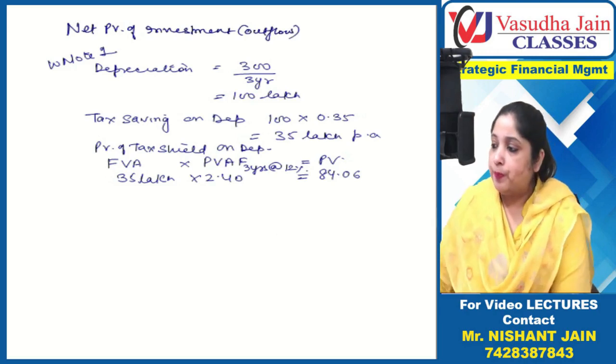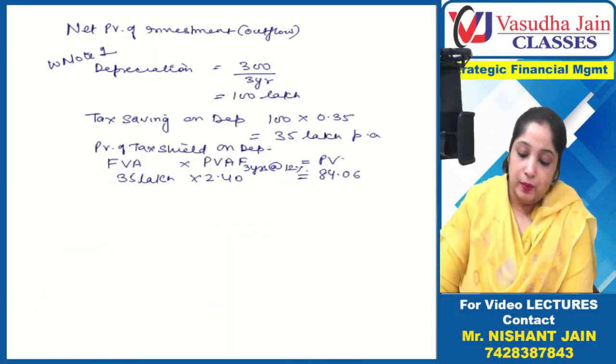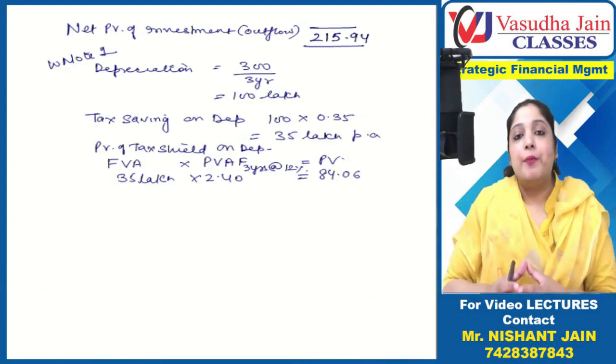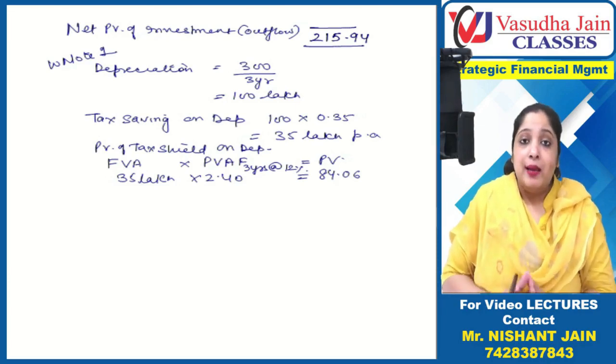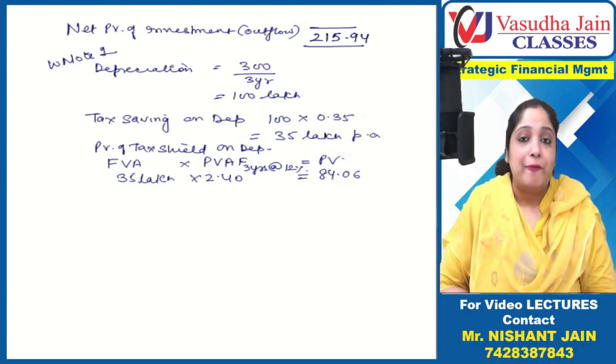If you subtract 84.06 from 300, you will get 215.94. So basically, the fair finance company, before giving the machine on lease, has to make an investment. The present value of investment is 215.94.